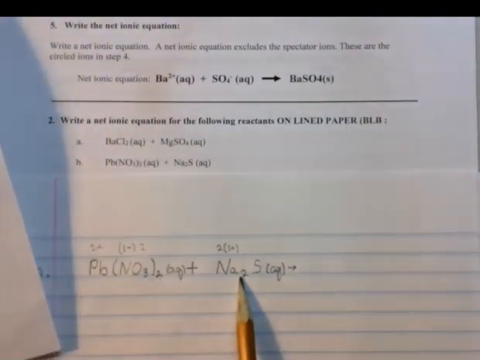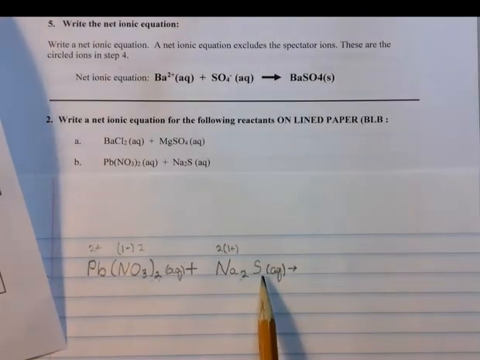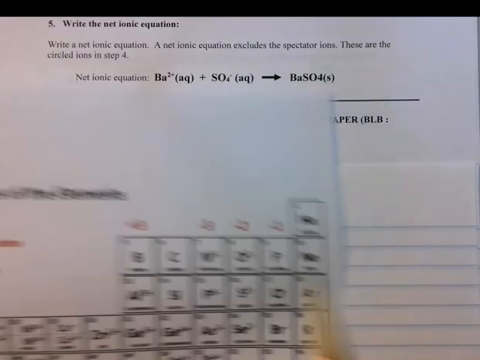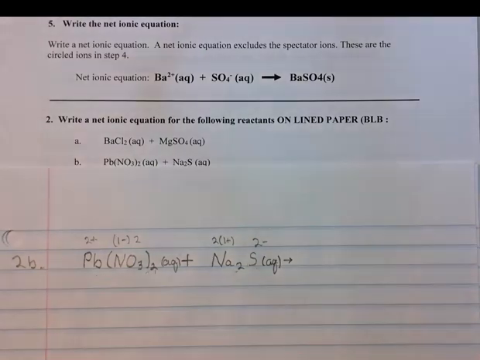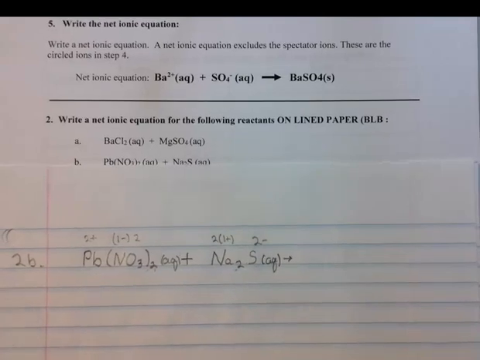So each of the sodiums is going to throw off an electron, and sulfide likes to take in 2 electrons, so it's a 2- that we see right here. Therefore, you need 2 sodiums, each throwing off 1 electron to give the sulfide its electrons to catch. So everything's in balance there.